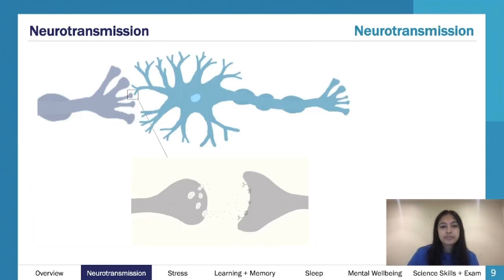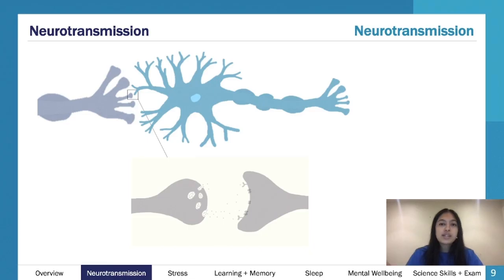That's the idea. Okay, so in terms of neurotransmission, we're thinking about the core basis of this area of study being communication of neurons. So this is really important when you think about those divisions of the nervous system that we've just discussed. You have to be aware of certain parts of a neuron: your dendrites, your axon terminals, your synapse.